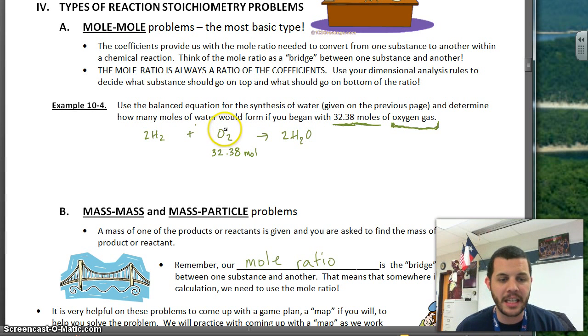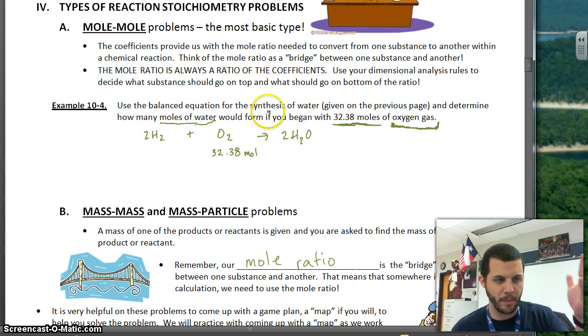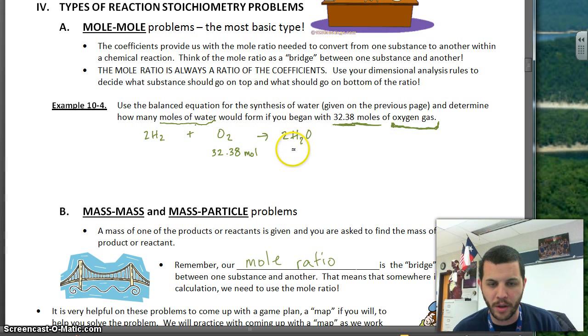Okay? It asks me how many moles of water would I expect to form? Okay, so what I'm going to do is I'm going to go to water. I know that I'm looking for moles, and it's an unknown amount of moles. So I'm going to do question mark moles.